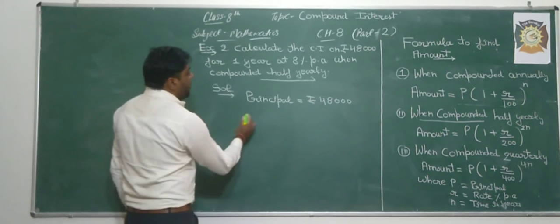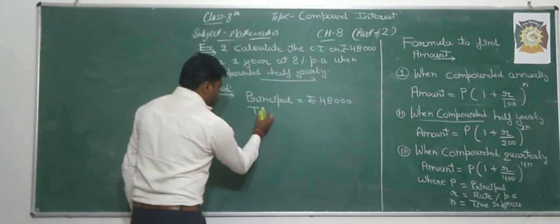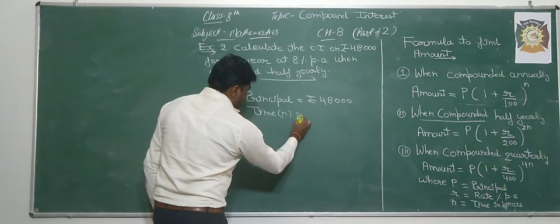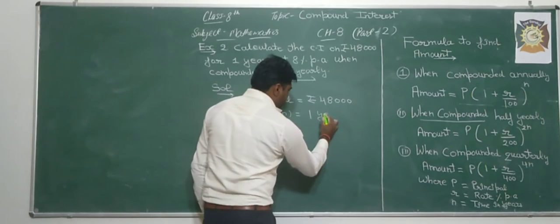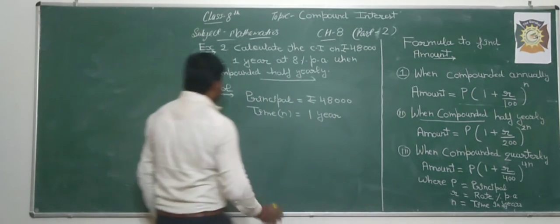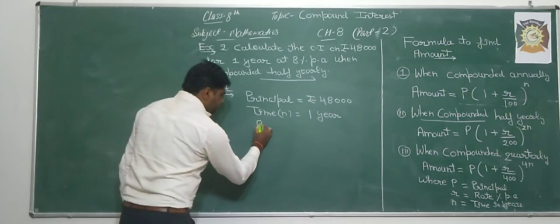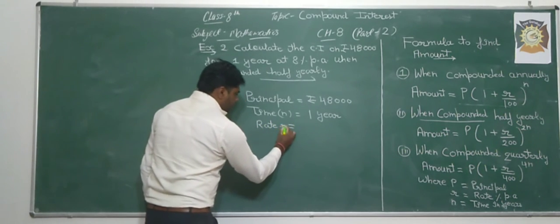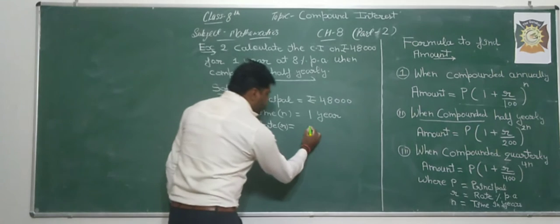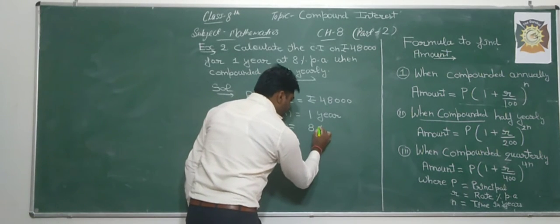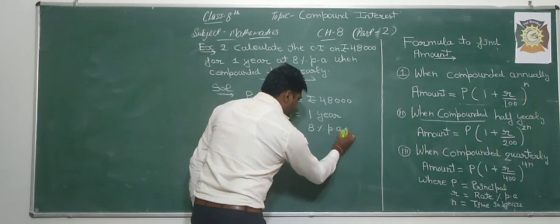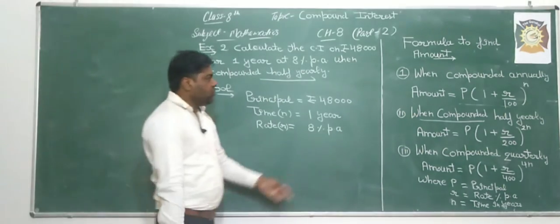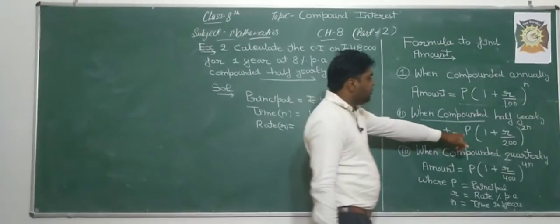Now what is next thing? That is the time, that is n. It is 1 year, and rate percent, this is 8% per annum.